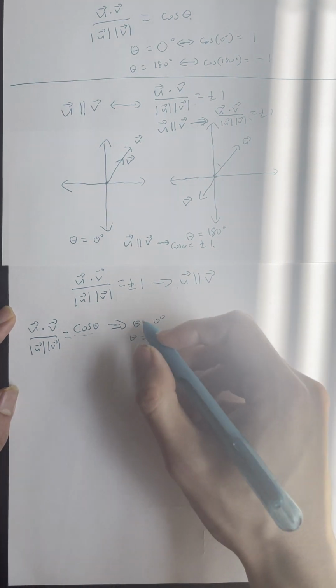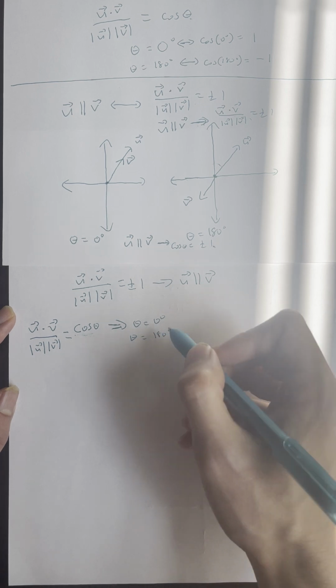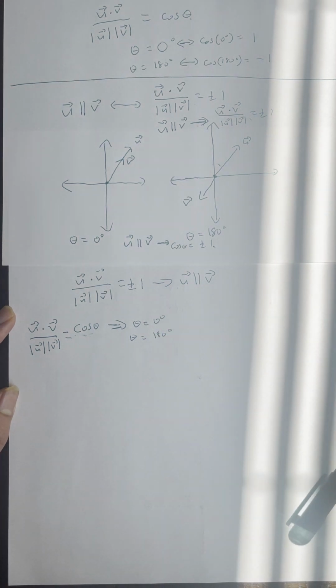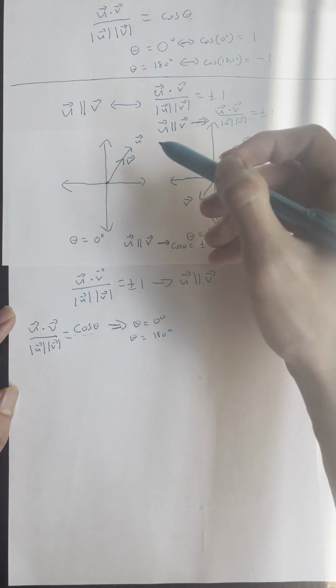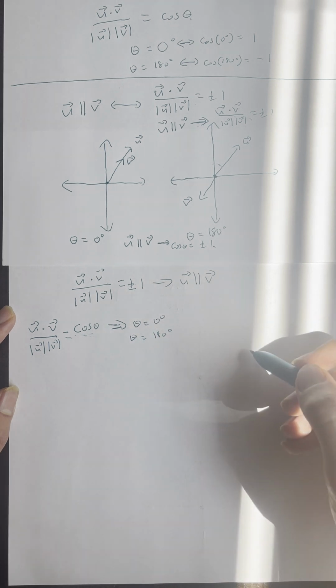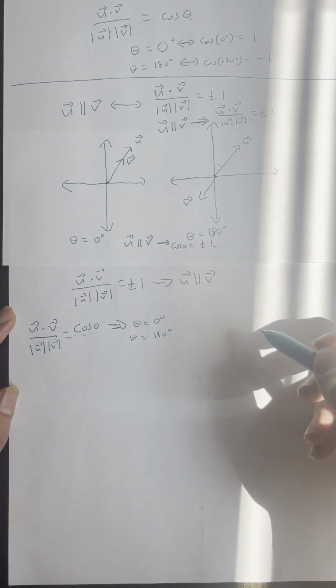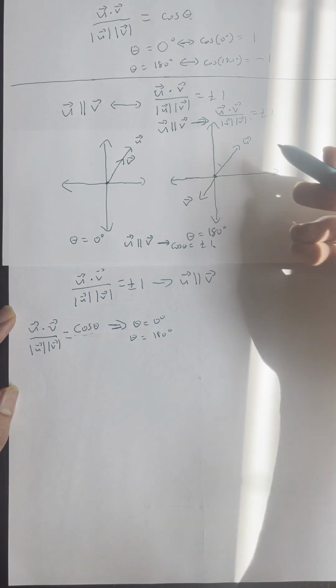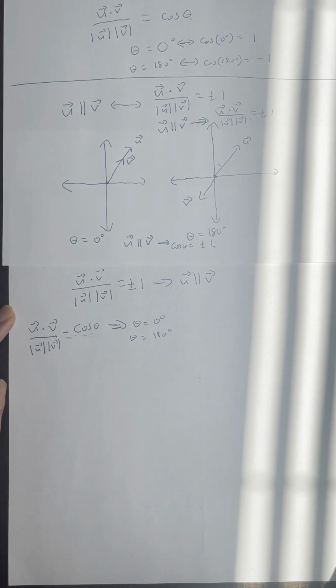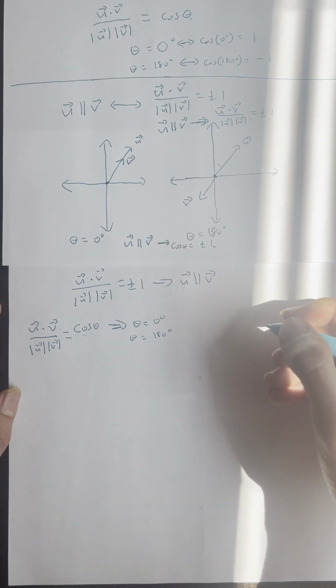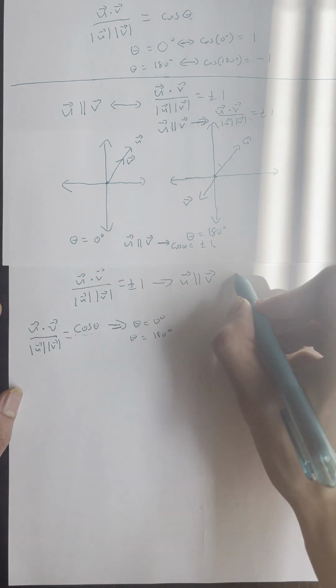And if theta is 0 degrees, then what happens? Then they point in the same direction. And if it's 180 degrees, what happens? They're in opposite directions. So that means they're parallel, which is this.